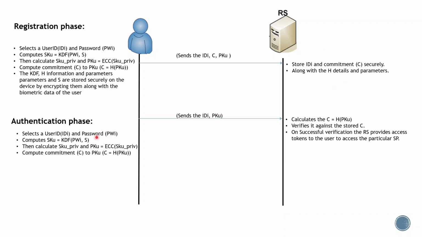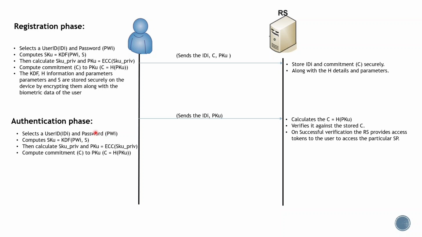In the authentication phase, the user again enters his user ID and password and computes a secret key again, using the key derivation function, password, and the stored salt. Then he computes the private key and the public key using elliptic curve cryptography, and by using the stored iteration number. And then he computes the commitment to the public key.